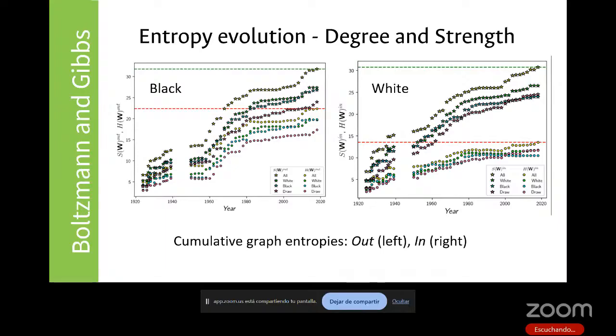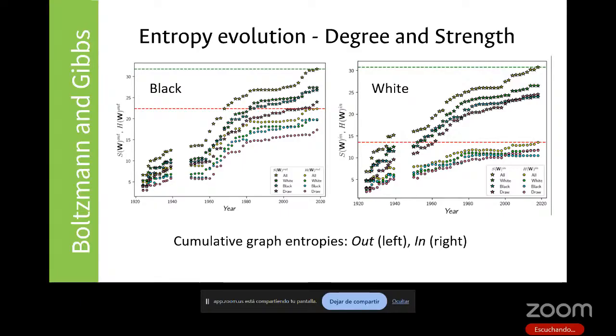The upper entropies are certainly those that I call the Boltzmann entropies, which are the upper limit for the other ones, which I call the Gibbs entropies. And what it means here is that there is a quite strong system of preferences for the white pieces.